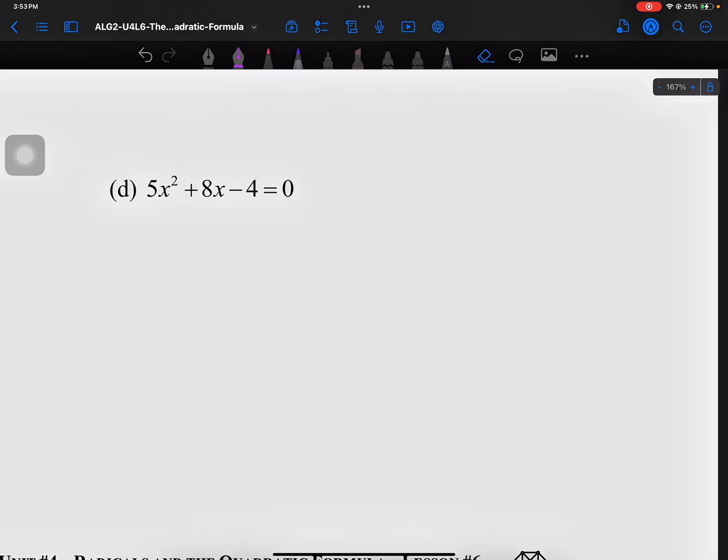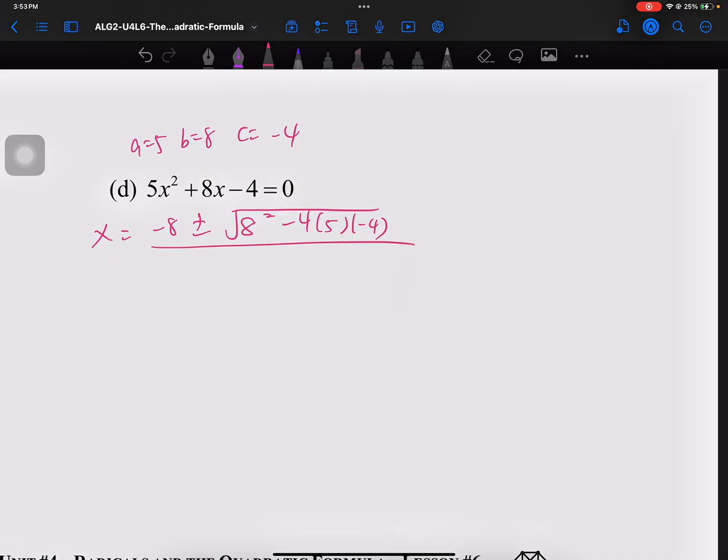Okay, for D, A is 5, B is 8, C is negative 4. So put inside the formula: 8 squared minus 4 times 5 times negative 4, over 2 times 5. Okay, then you solve. The top becomes negative 8 plus or minus the square root of 144, over 10.